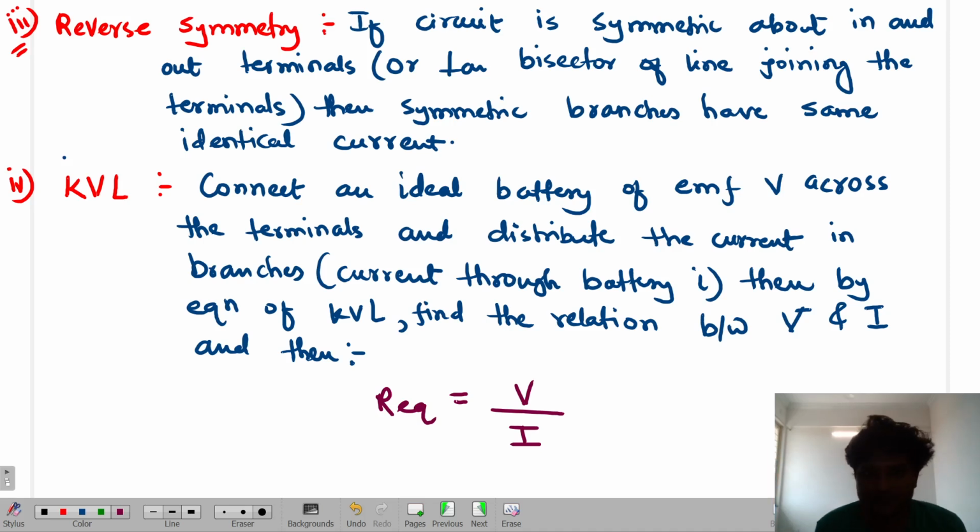Are you able to get me or not? So these are the four steps which we usually follow to find the resistances and all. Are you able to get me? Got it. Is that clear? Should we start?